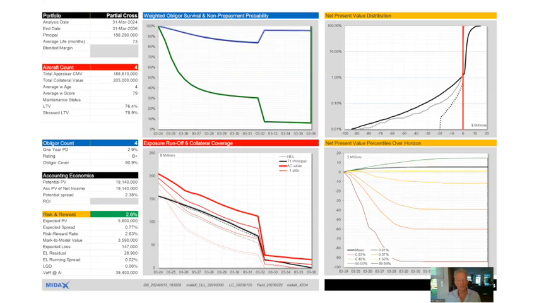So if we have that partial cross-collateralization, you can see that the risk-reward ratio of the portfolio goes down to 2.6%. So a marked improvement.